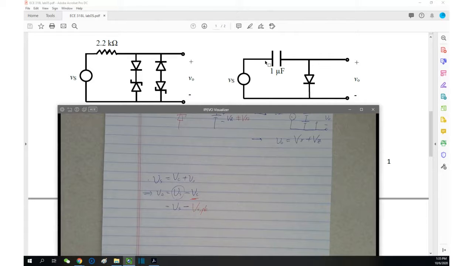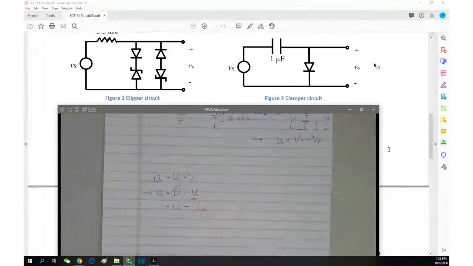When is it going to stabilize? If at any moment your source voltage is still higher than the capacitor voltage, it's going to keep charging. That's not steady state. So it only reaches the steady state when the source, no matter how it varies, how sinusoidal, is not able to exceed the capacitor voltage, which is the peak value of the source itself.